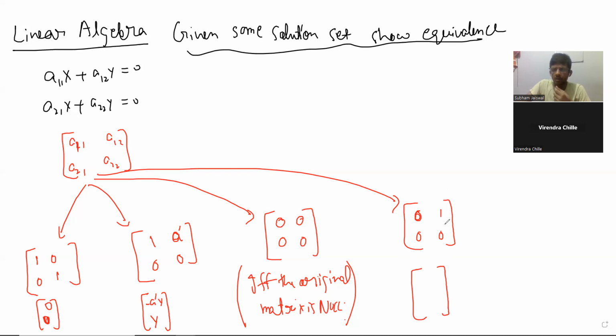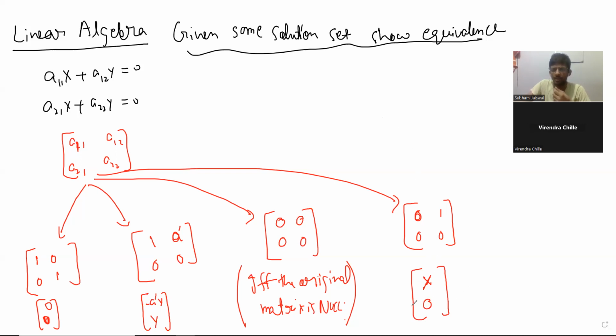So how do you read the solution for this one? Here x can be anything, right? You can take x to be x, and then y will be equal to 0, of course.